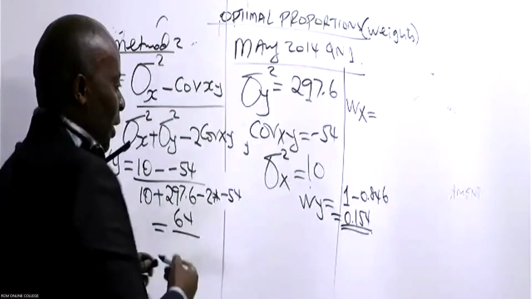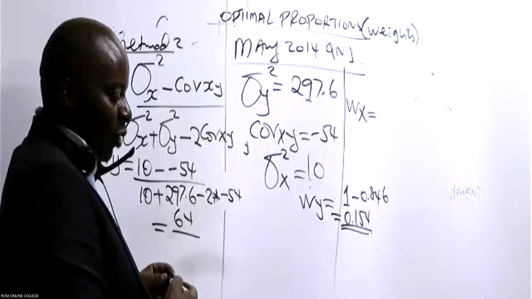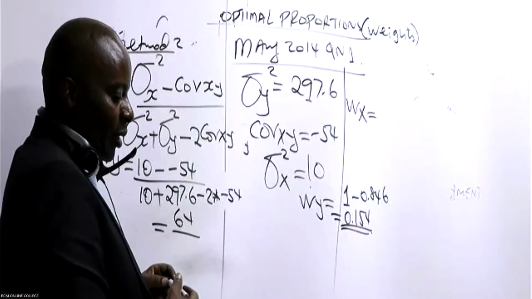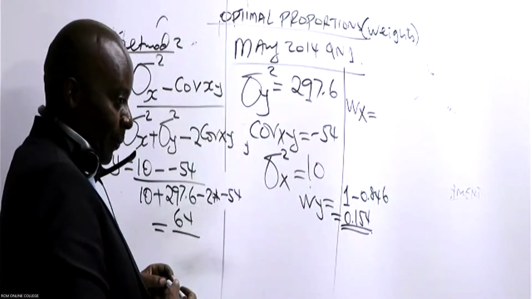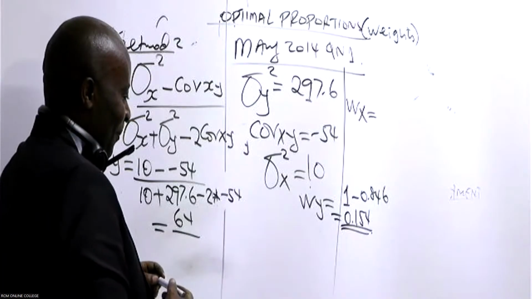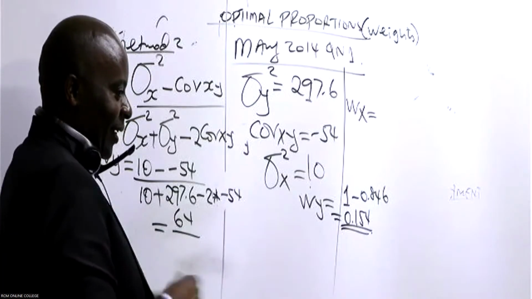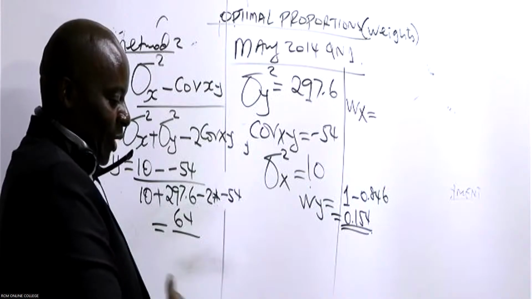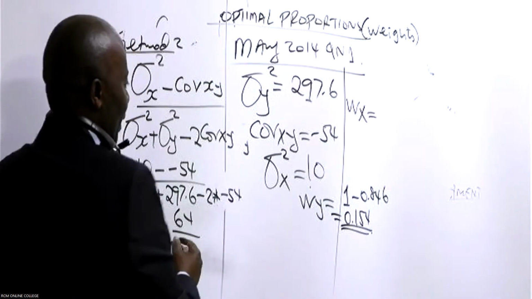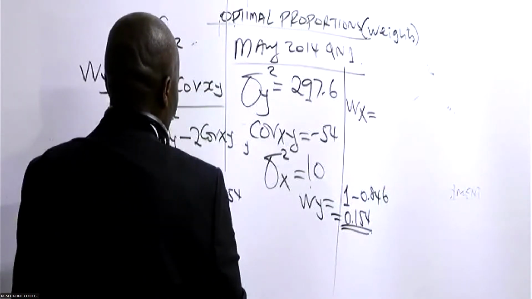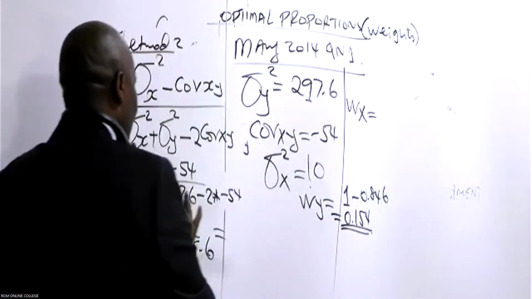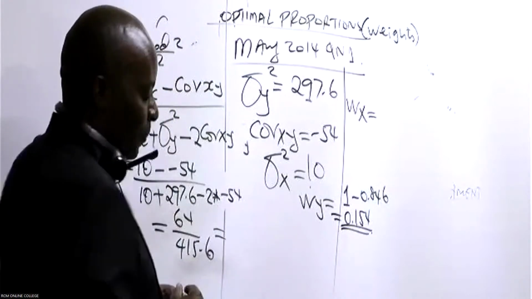How about the denominator? The same. Are you able to get 415.6?